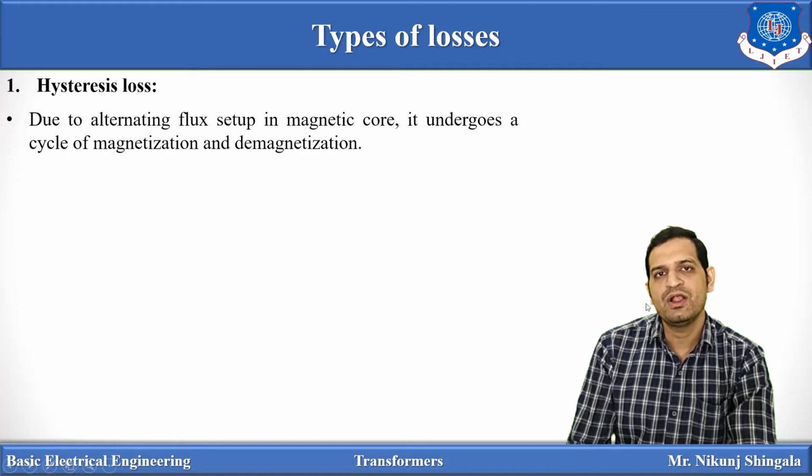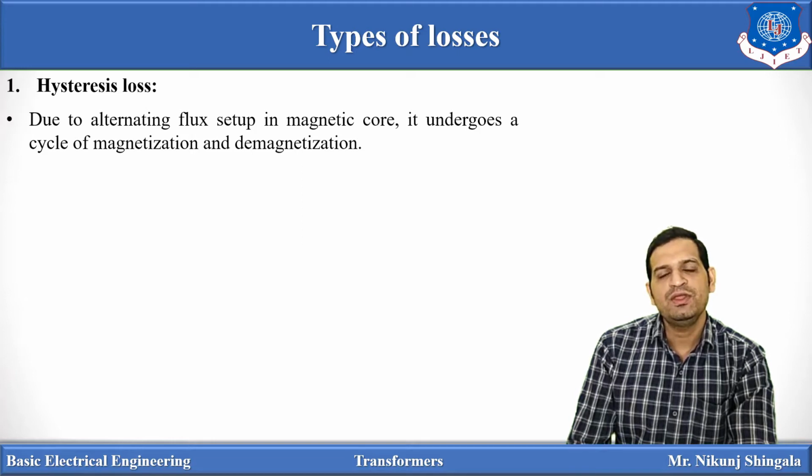Now, as we know, due to alternating flux set up in the magnetic core, it undergoes the cycle of magnetization and demagnetization. We have already studied this in the previous video lecture, that if we increase B and H, then there is a cycle of magnetization. The material goes first in one particular direction, maximum flux density will be in one particular direction first, and then it will be in the other direction.